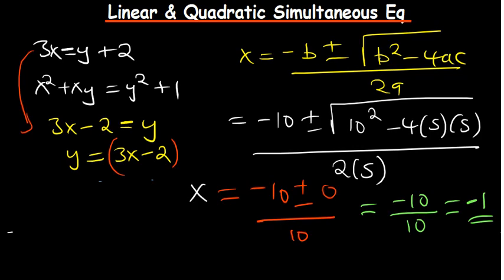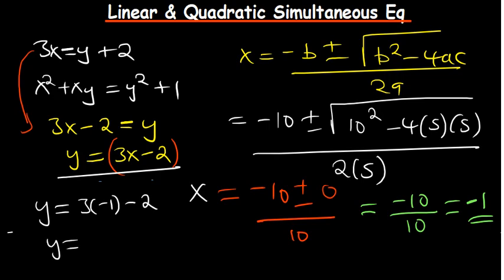Let's try to find now the value of y. I'll substitute there. So y is equal to, wherever there's x, I'm going to put negative 1. So we have negative 3 minus 2, which gives us negative 5. And then let's try to substitute in the other equation.